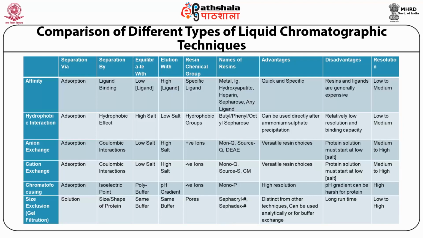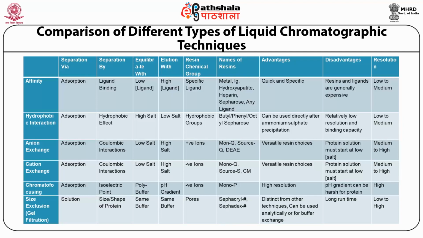In case of affinity, hydrophobic interaction, anion exchange, cation exchange, and chromatofocusing, the separation is via adsorption of the protein of interest to the matrix. While in case of size exclusion chromatography, separation is via differential mobility in solution when the solution containing the protein of interest is passed through the size exclusion chromatography column.